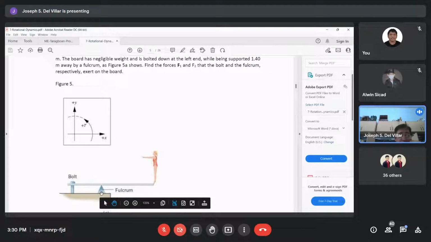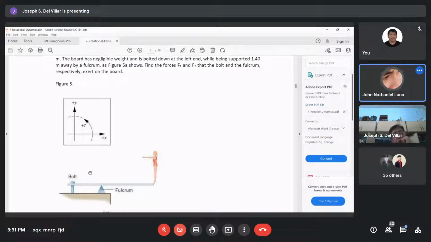Kasi support siya. Parang may pinapasan siya, yung fulcrum, may dinadala siya, 'di ba? So upward siya. What about the bolt? What do you think? What is the direction of the force of the bolt? Kasi pinipigilan niya yung board. What's the direction? Yung force ng bolt. Counter, sir. Ah?